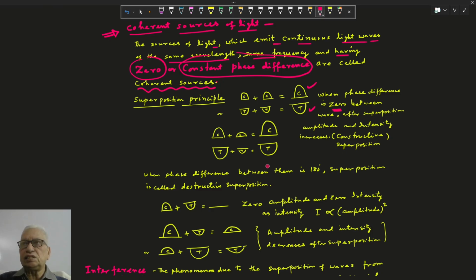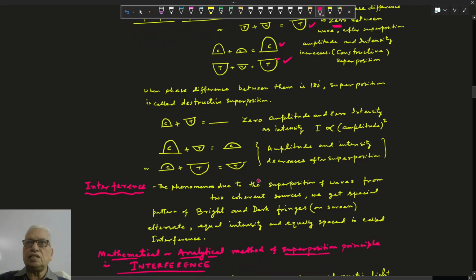Intensity is directly proportional to amplitude squared, so intensity also increases. Whether crest is bigger crest or trough is bigger trough, in both cases amplitude is increased. If the amplitudes of the two waves are different, even then we get a bigger crest and bigger trough, meaning intensity is more, energy is more.